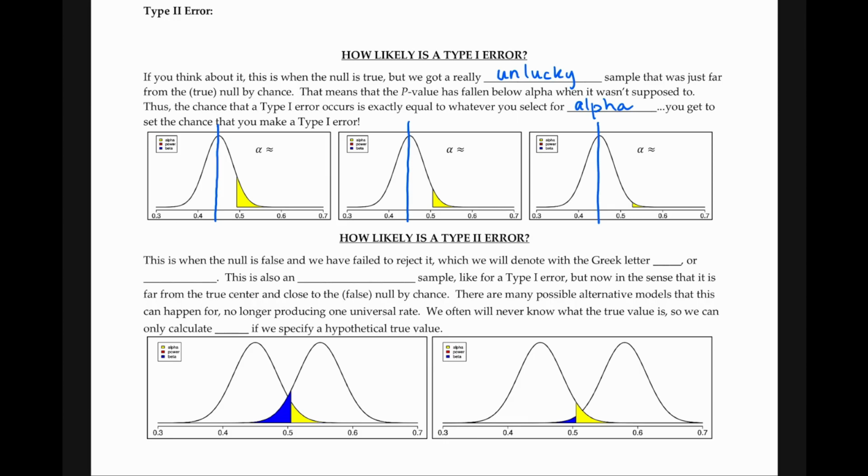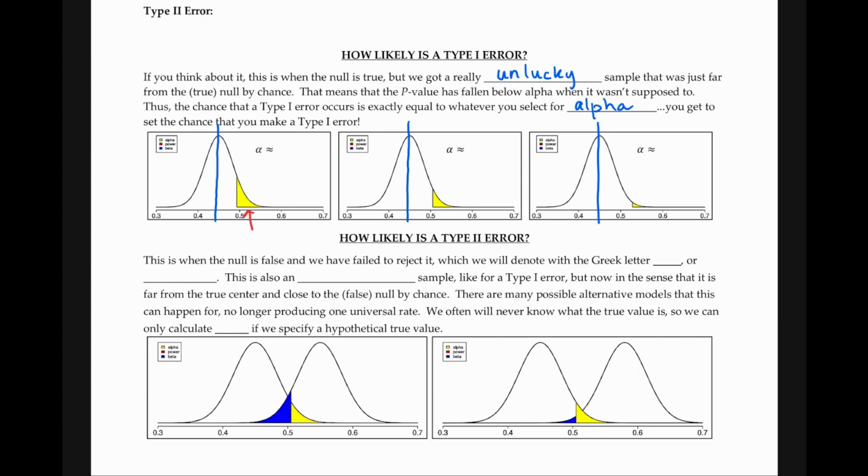If we were to grab a sample of people to check efficacy, and you got a sample where the efficacy rate shows up somewhere in that yellow region there, that's a scenario where actually the population is centered at 45% and you just got a sample that's somewhere in here.